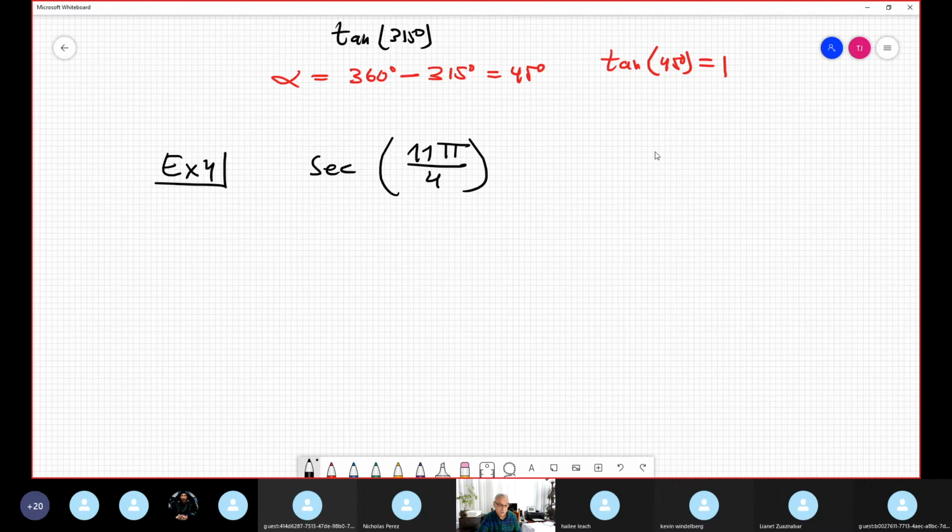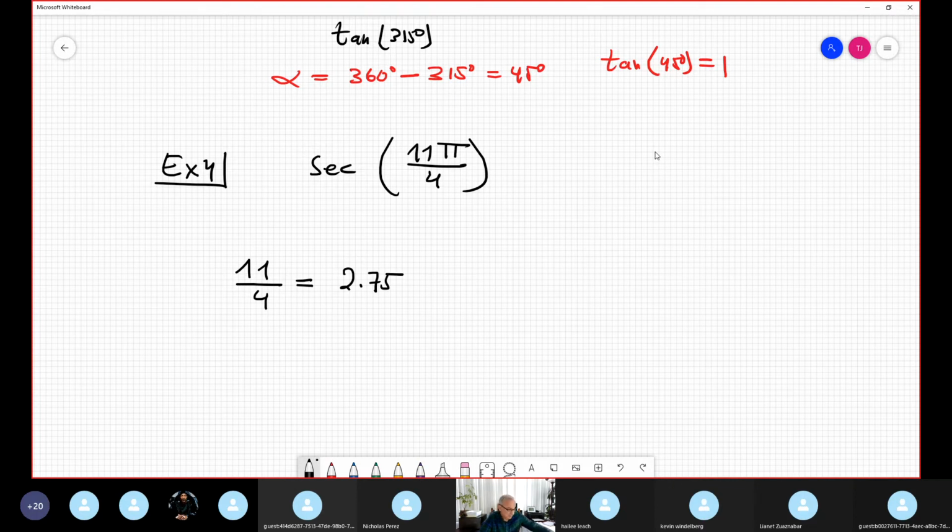Okay, you're subtracting 2 pi, because 11 pi over 4, you put in decimal, 11 divided by 4 is 2 point something. I put it in a calculator right now, it's 2.75. That means it's bigger than 2 pi.